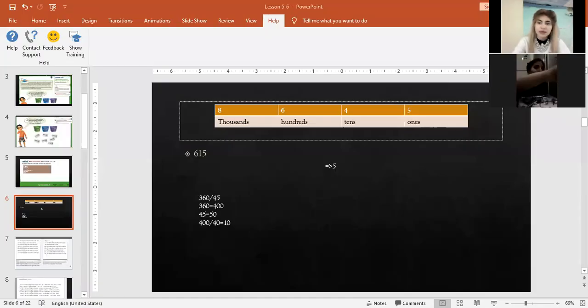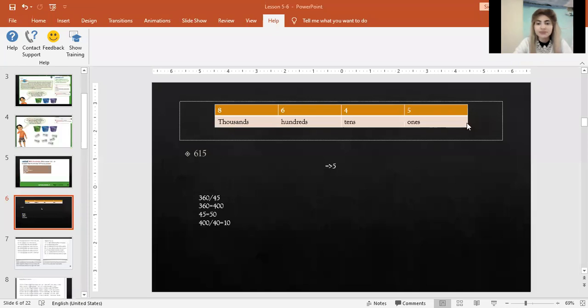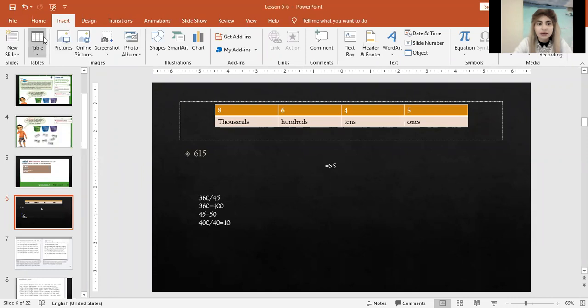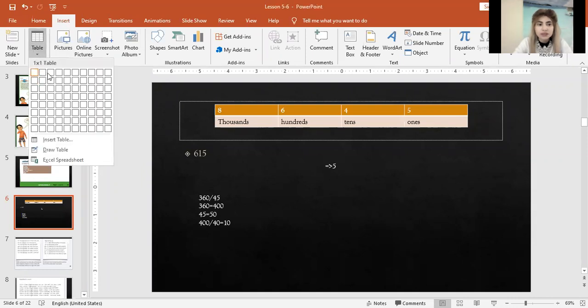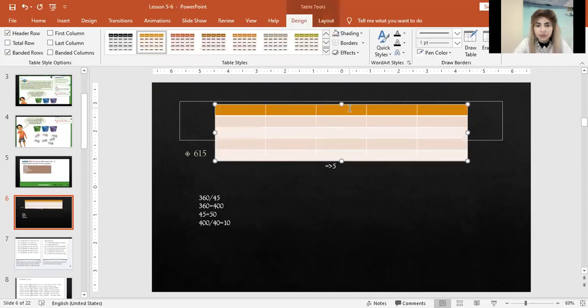Okay, so as I was saying, now we have to remember the units, tens, ones of the numbers.